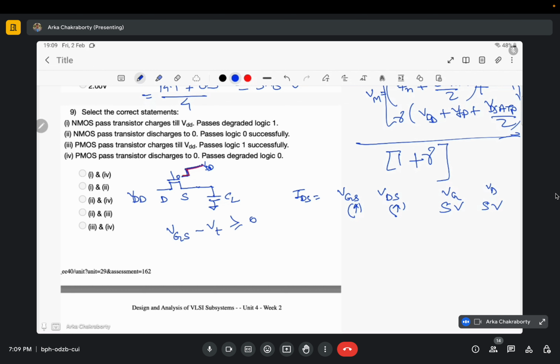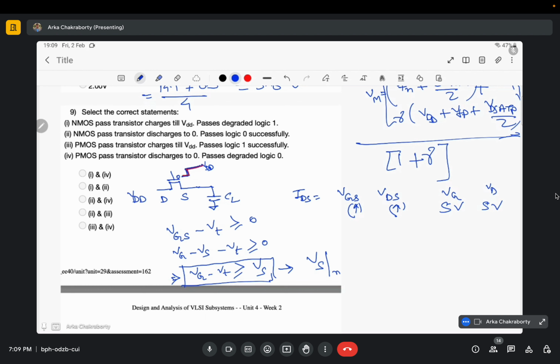That is, my VGS should be greater than threshold voltage. That's it, nothing else. So here VG minus VS minus VT should be greater than or equal to 0. If I take VS to the right hand side, it becomes VG minus VT should be greater than VS. And what does this equation tell me?